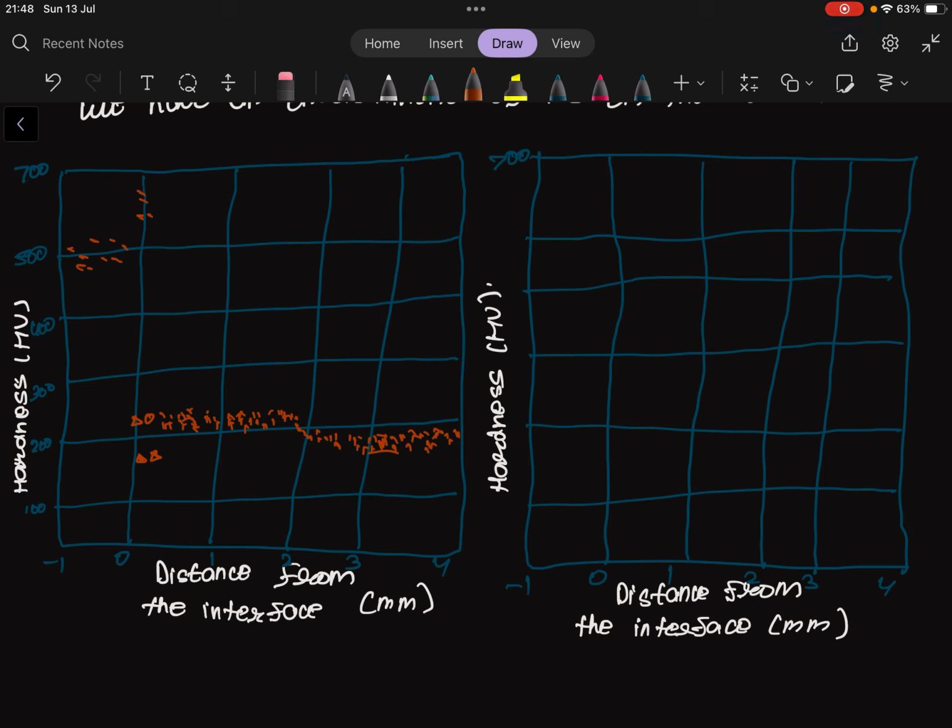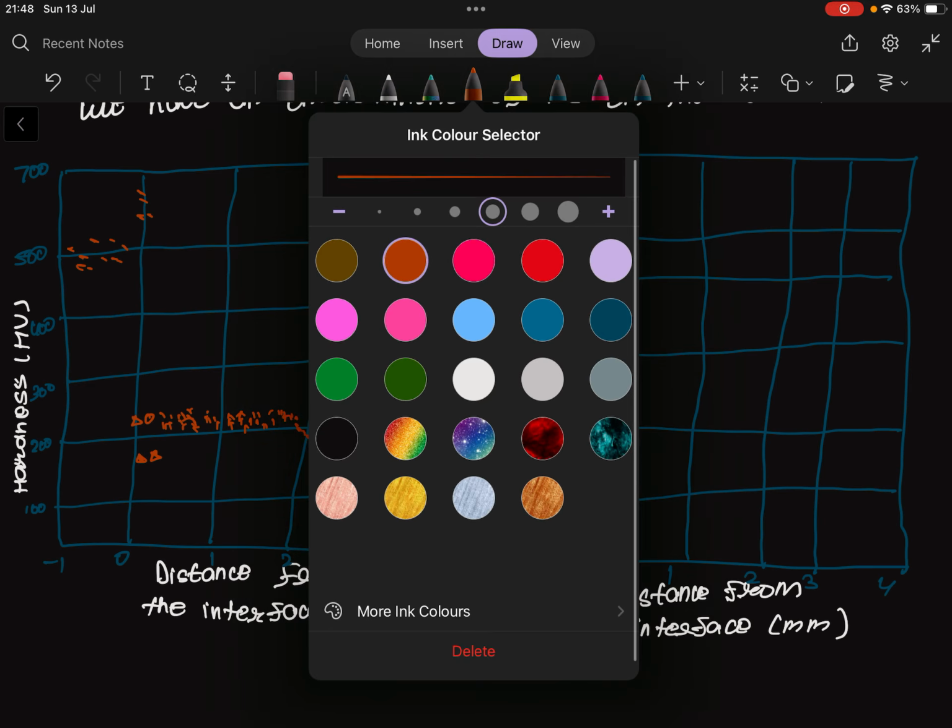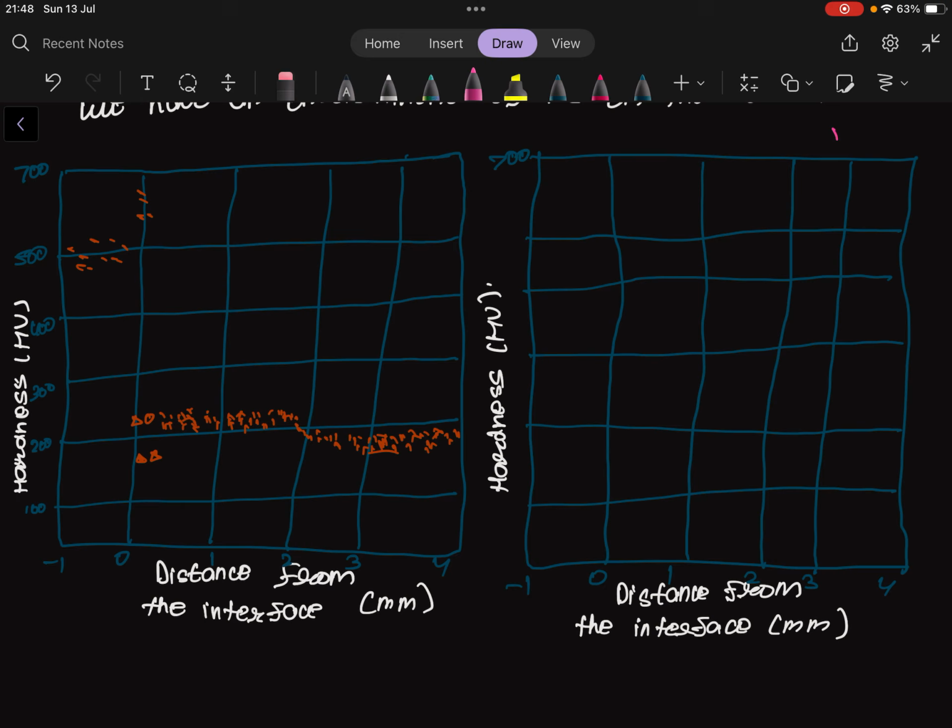Okay, and let me choose another color for here. I'll use this. Oh yeah, sorry, I forgot to write here: 100, 200, 300, 400, 500. Okay, now it looks good.